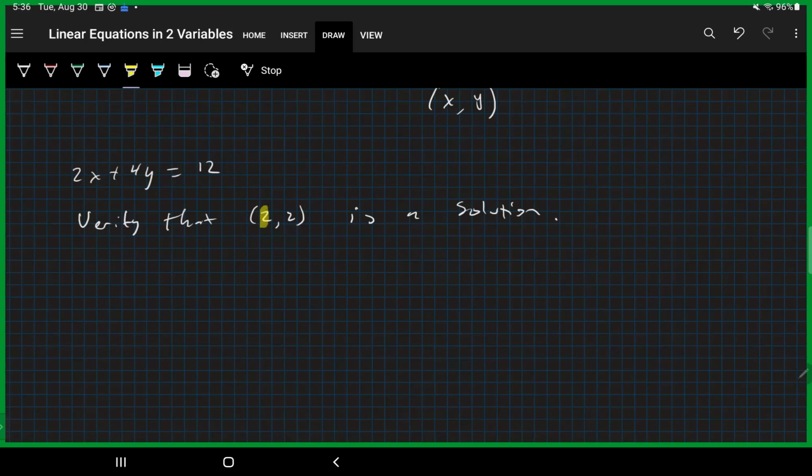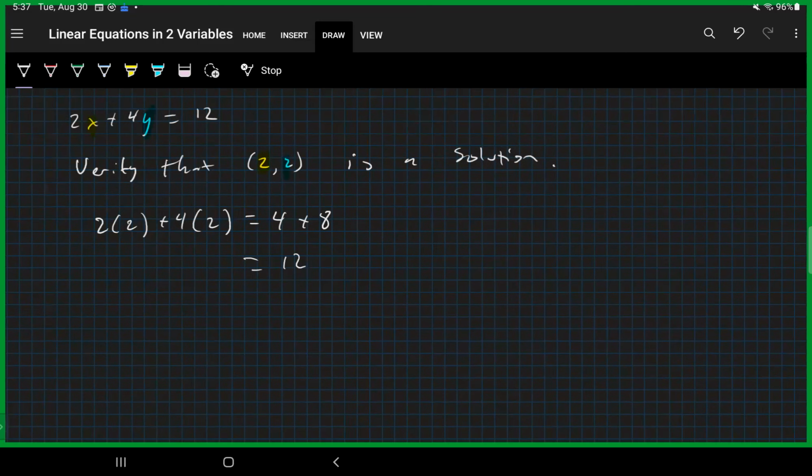So I'm going to replace the x with 2 and then the y with 2. We really can't confuse this one too much. 2 times 2 plus 4 times 2 is what? Let's see. 4 plus 8. This is just an order of operations problem now. That gives me 12, which is what the equation had. So if I plug in 2 and 2, I get 12, and that's exactly what we want.